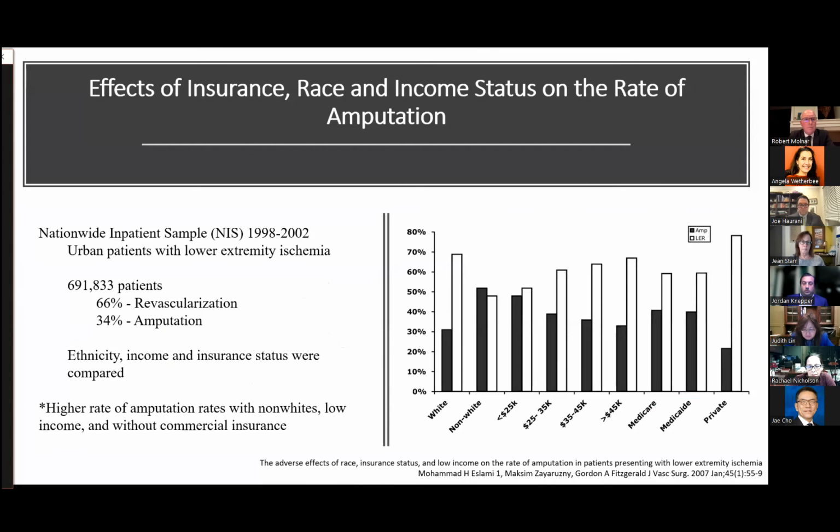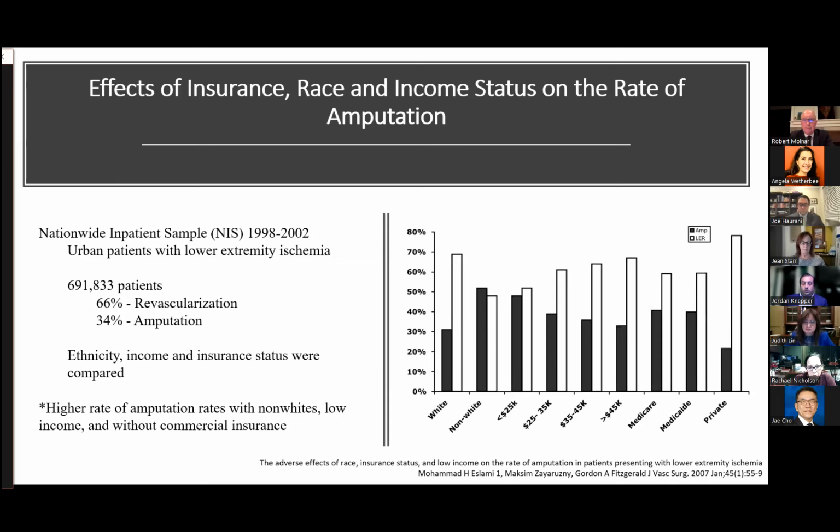Dr. Islami used the nationwide inpatient sample database to look at urban patients from 1998 to 2002 who presented with lower extremity ischemia. The groups were divided into an amputation group and a lower extremity revascularization group. Comorbidities, age, gender, race, ischemic gangrene at presentation, insurance, and income status were determined. There were close to 700,000 patients. 66% had revascularization and 34% had amputation.